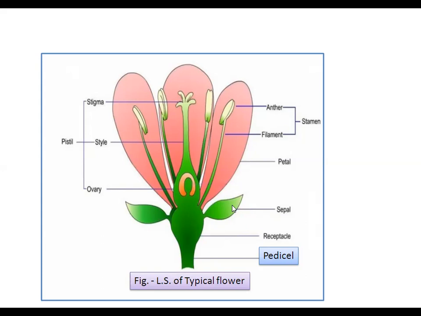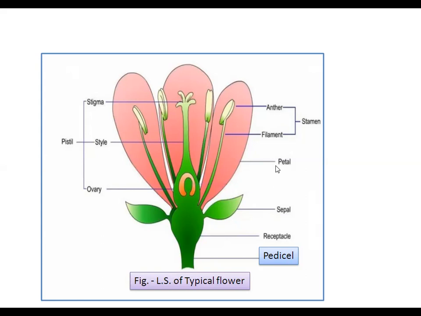Then the second floral whorl is the corolla. The individual member of the corolla is known as a petal. Petals are present inner to the calyx. Petals are bright and colorful.